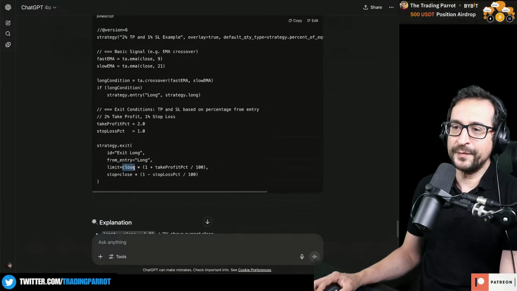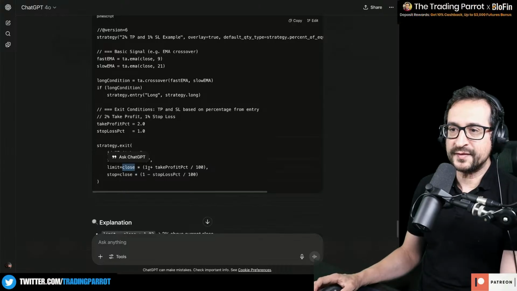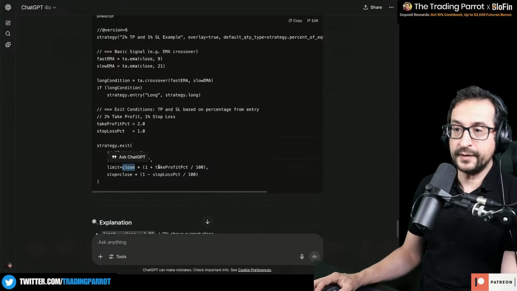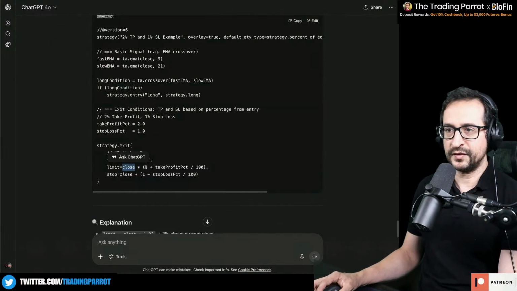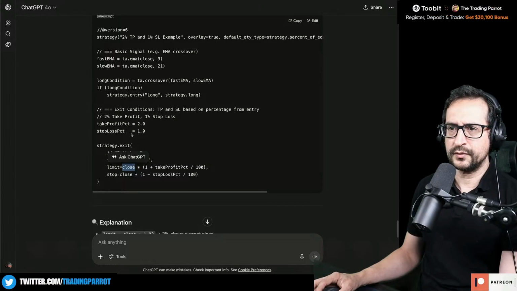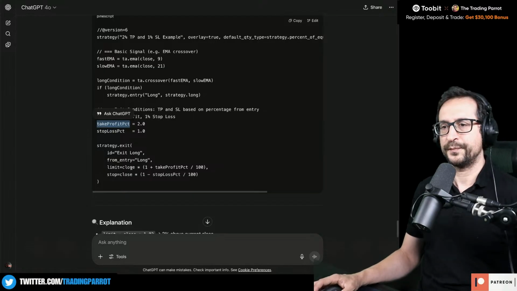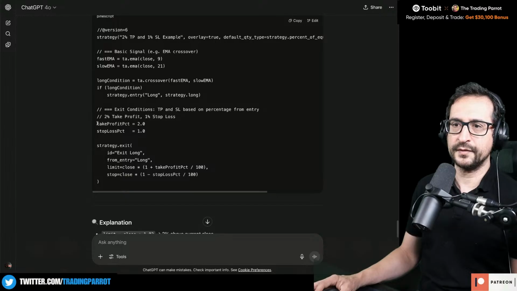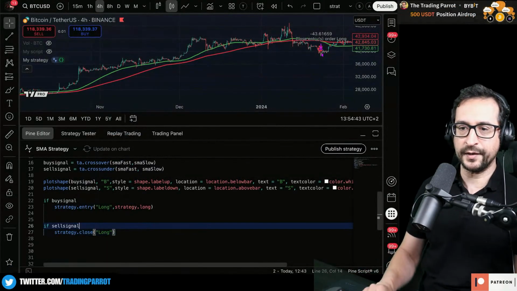Basically, from the close, we are doing a 1%, sorry, 100 plus 1 divided by 100. So this is the whole position plus stop loss. I think this is wrong. Let me do it by myself because I'm not sure. You see, I don't trust ChatGPT. It might be doing something weird.